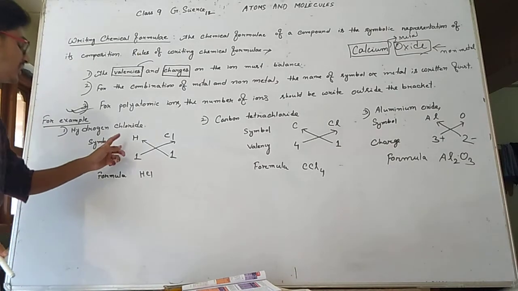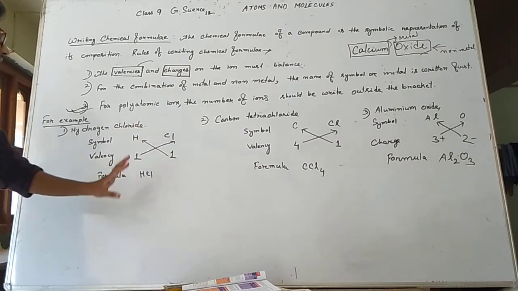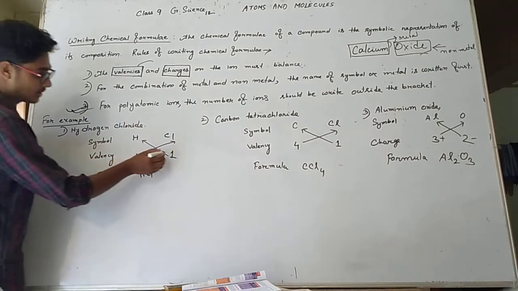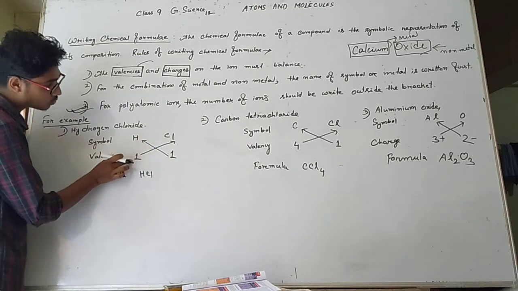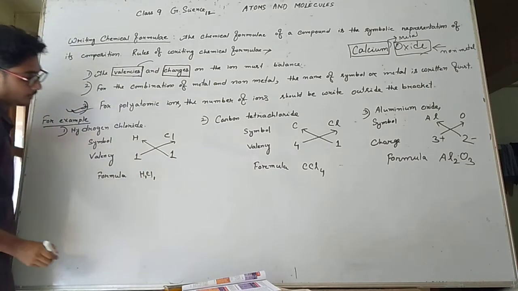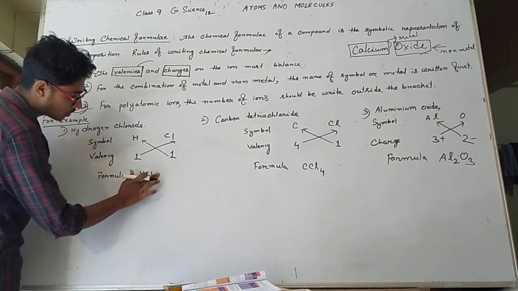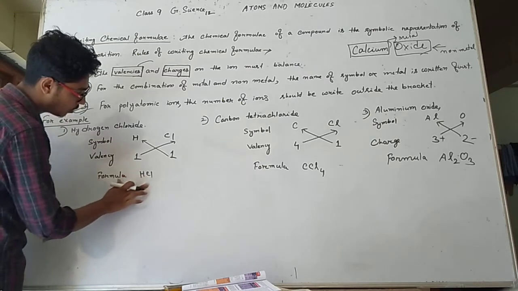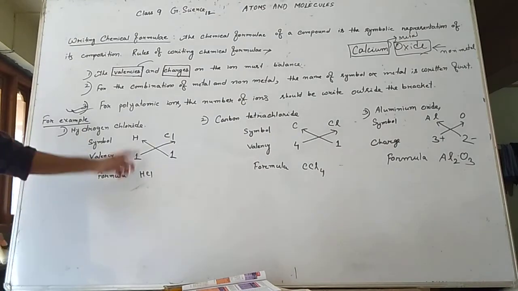So what is the valency of hydrogen? It is 1. And what is the valency of chlorine? It is 1. After that, we have to cross these numbers. This 1 goes to the chlorine, and this 1 goes to the hydrogen, giving H1Cl1. If you don't write this 1, it's okay, no problem, because it is 1. Now the formula for hydrogen chloride is HCl.